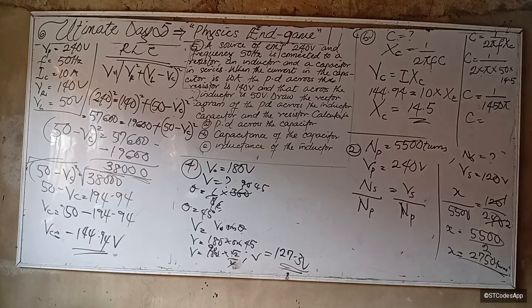We got 2.2 times 10 to the power minus 4 farad, right? Are we good? Remember that the opposition that the capacitor offers and the one that an inductor offers are very negligible, they are very small.